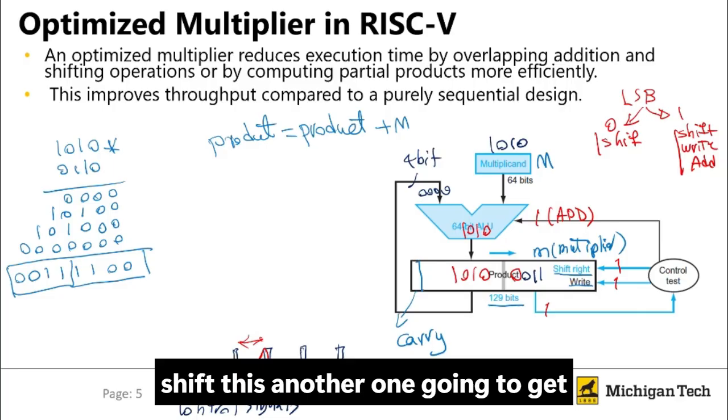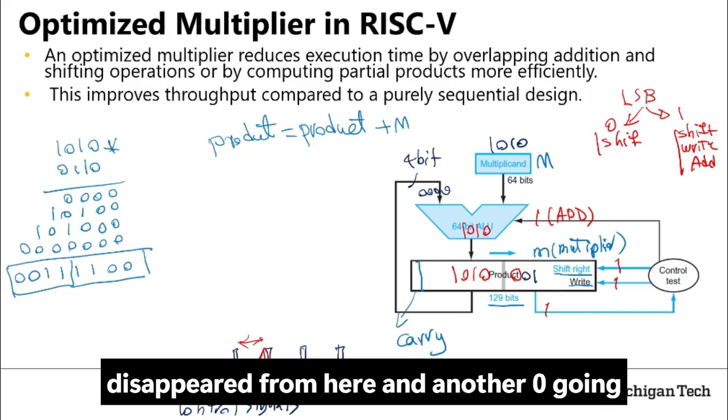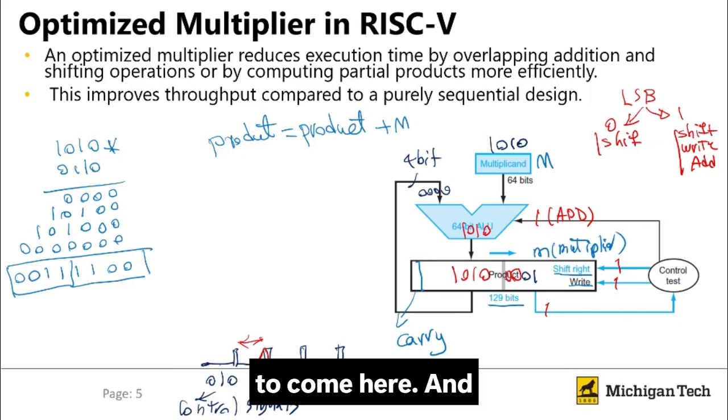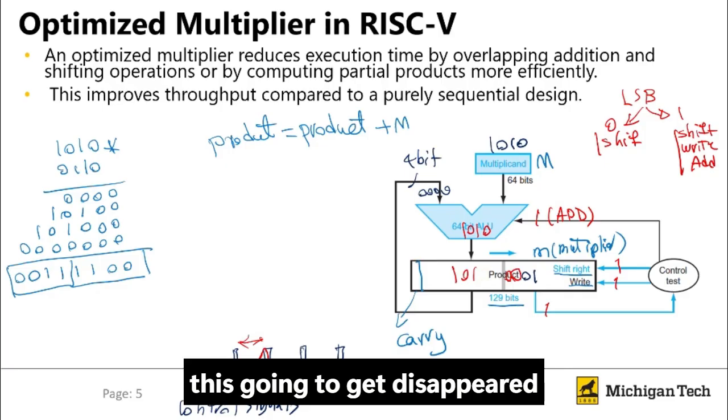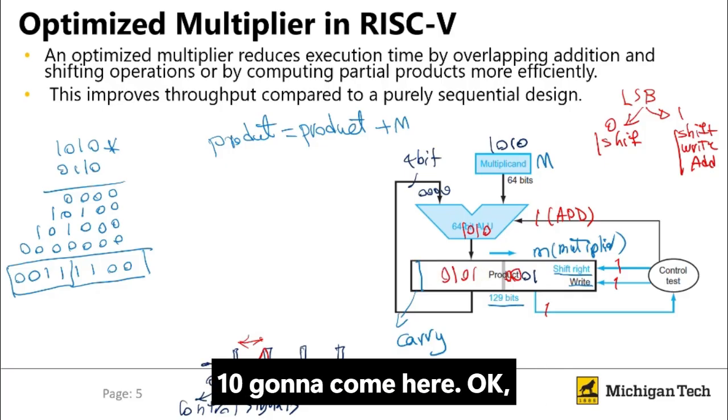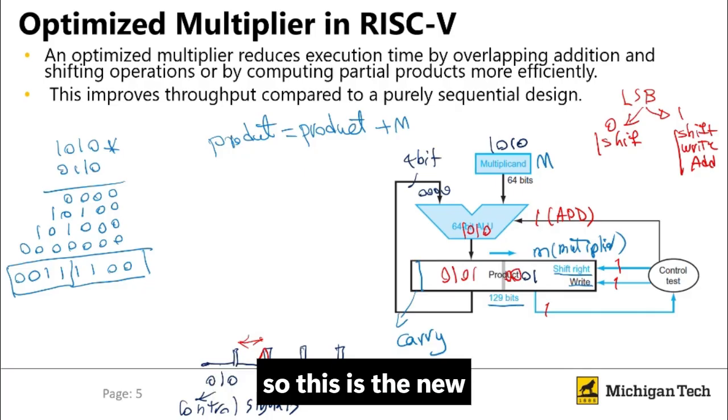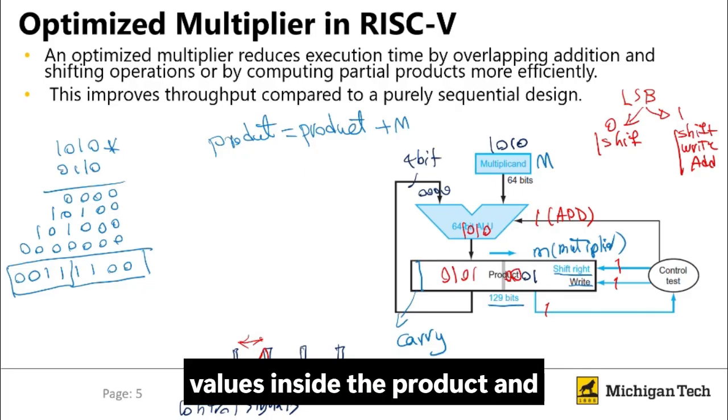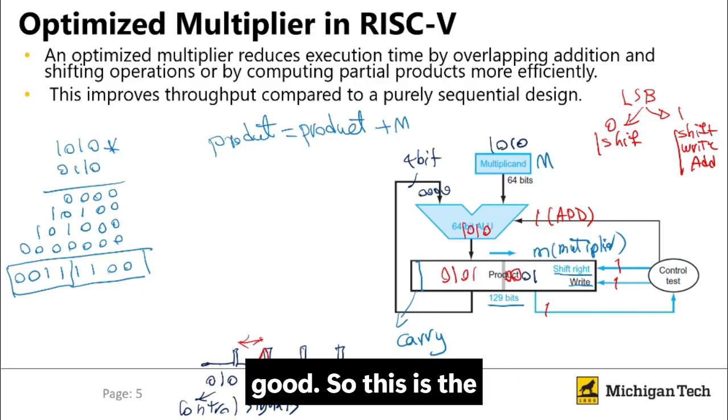When we shift, this another one gets disappeared from here, and another zero comes here, and this gets disappeared, 1 0 comes here. So these are the new values inside the product and inside the multiplier. Okay, that's good. So this is the control signal.